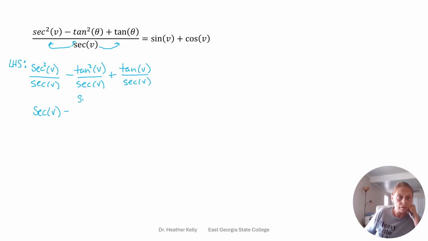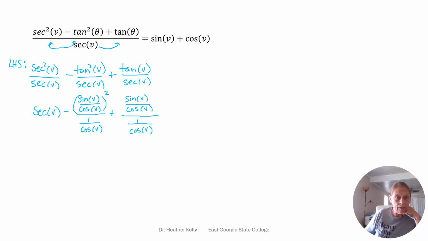So this is sine v over cosine v over 1 over cosine v, and this stuff here is squared. And then we have the exact same thing, sine v over cosine v, all over 1 over cosine v.